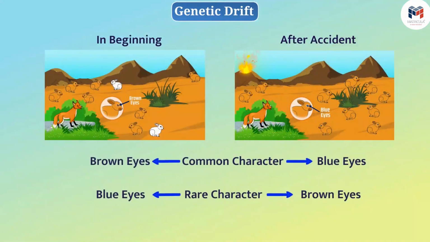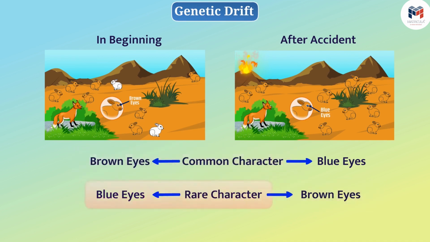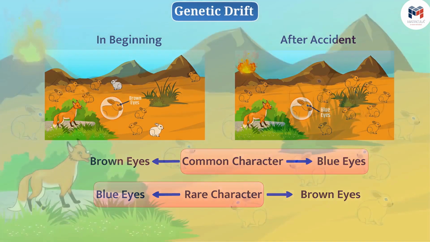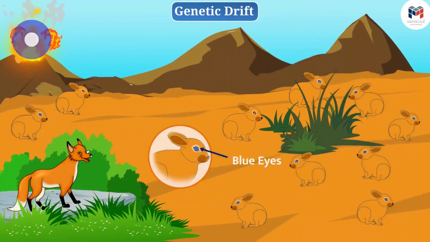In this way, due to a sudden accident in the rabbit population, the character of brown eyes, which was common in the earlier case, became rare, and the character of blue eyes, which was rare, is now normal. Here, the survival of rabbits with blue eyes was merely a coincidence from which a few rabbits survived and hence the population.